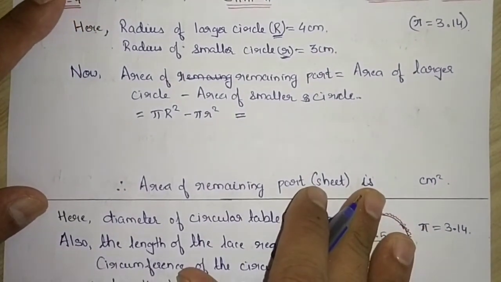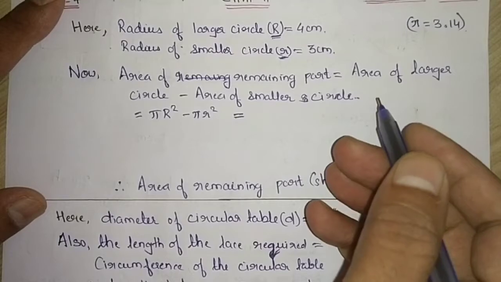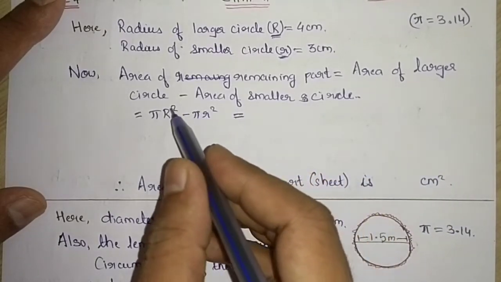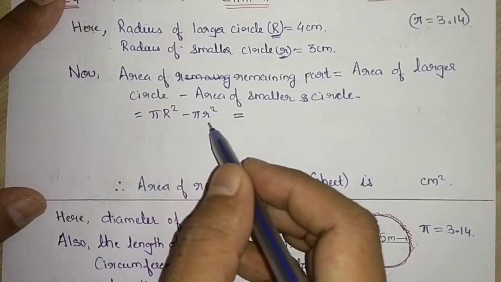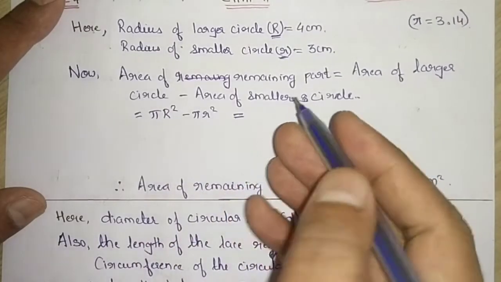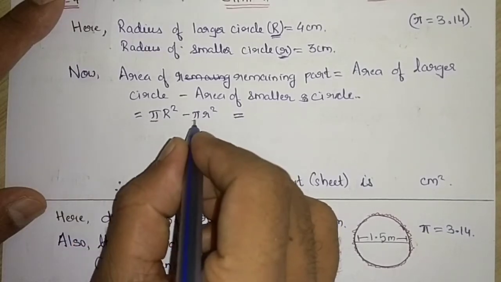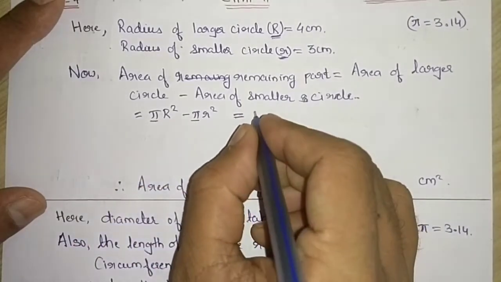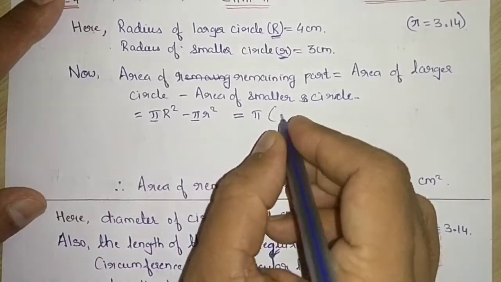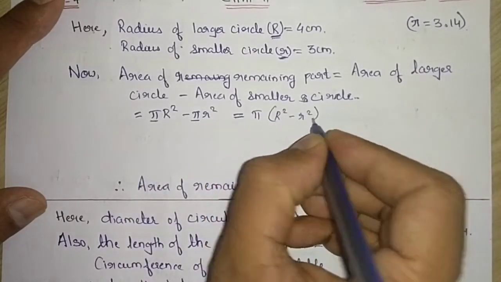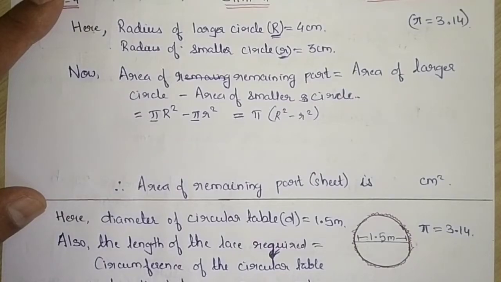Since both are circles, the formula will be pi r square. Only the difference is R is capital and r is smaller, and we will place the values. Before placing the values, I saw pi is common, so I will take it out and keep capital R square minus small r square inside the bracket.